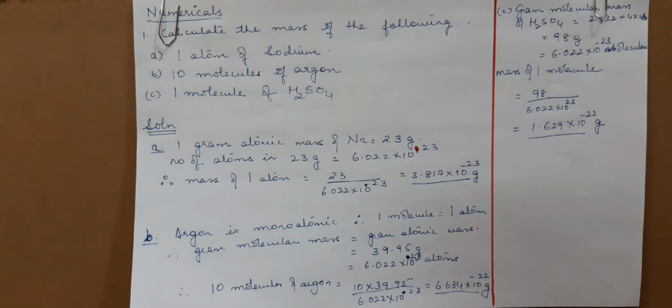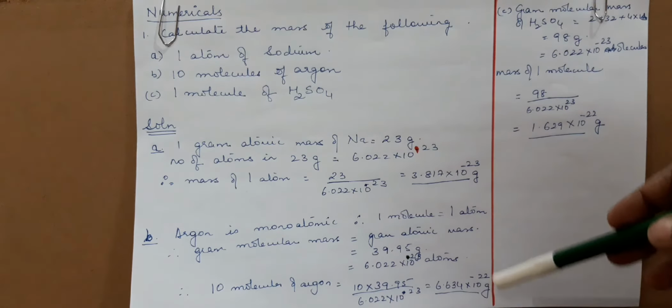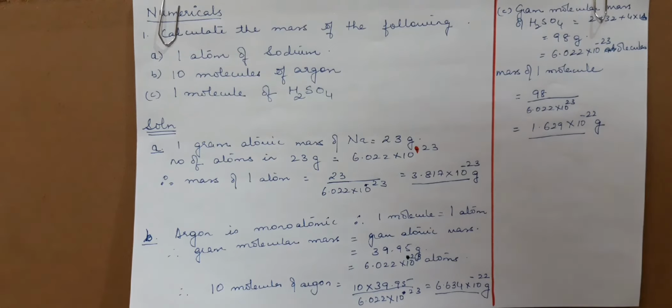That would be 6.634 into 10 to the power minus 22. So very easily we can calculate the mass of one atom, 10 molecules, 3 atoms, 14 molecules, etc., in terms of Avogadro's number.